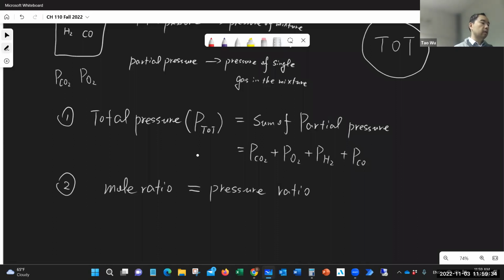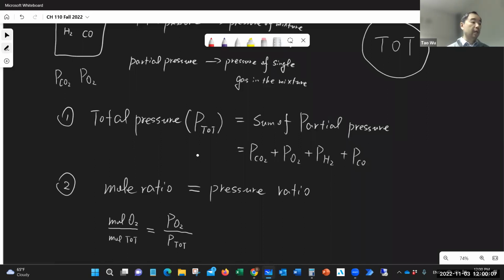Let's say for example, we have the four gases. If you know the mole of the oxygen, and you divide by the total moles, then this is what we call the mole ratio. Then that should be equal to the pressure ratio, which means it should be equal to the partial pressure of the oxygen divided by the total pressure of the mixture.